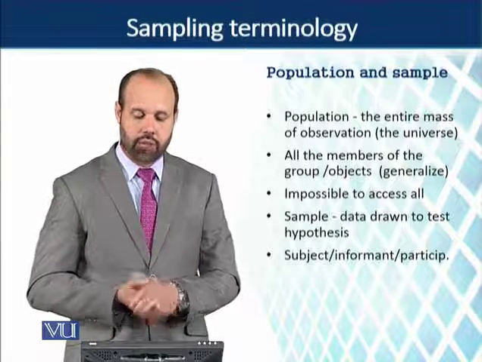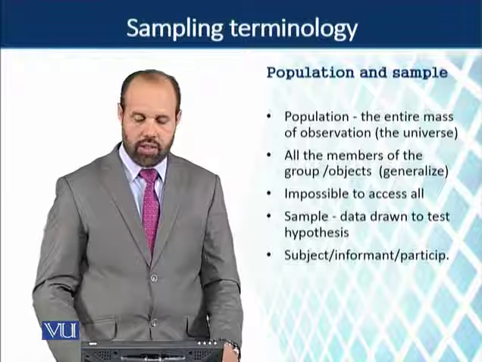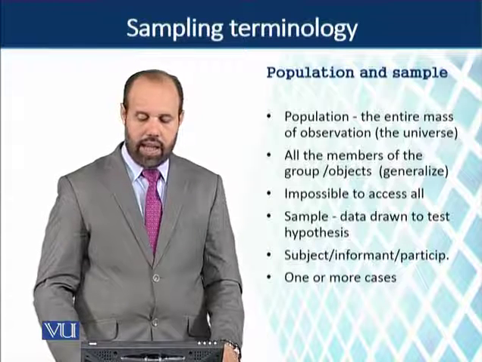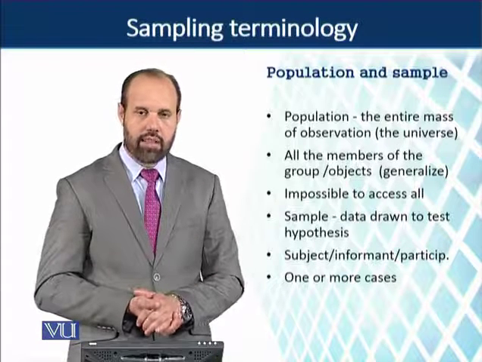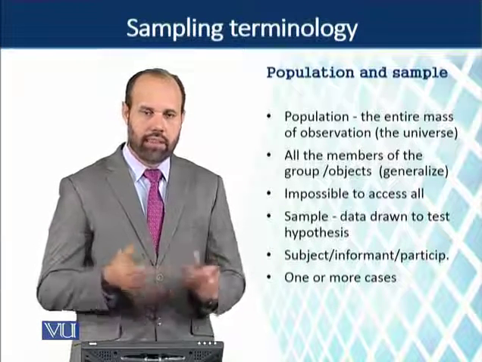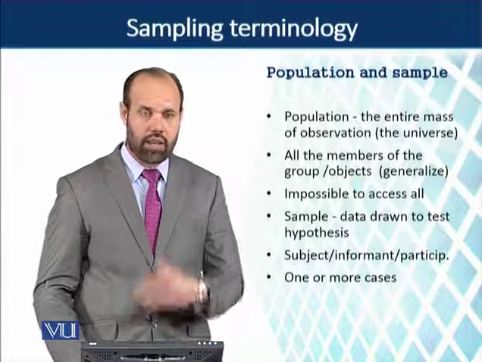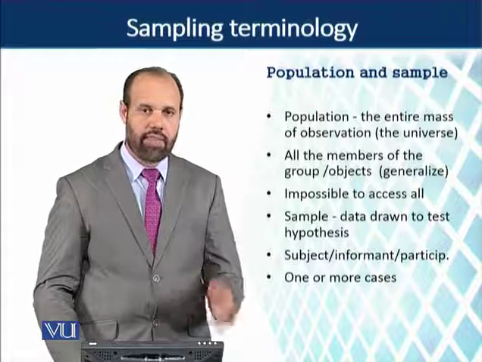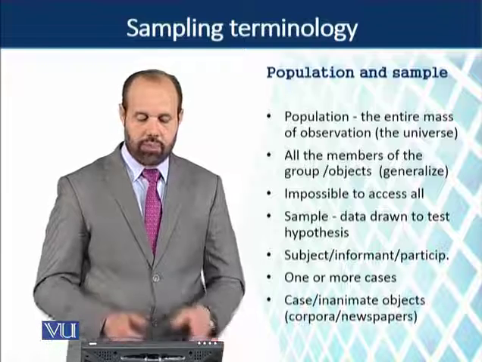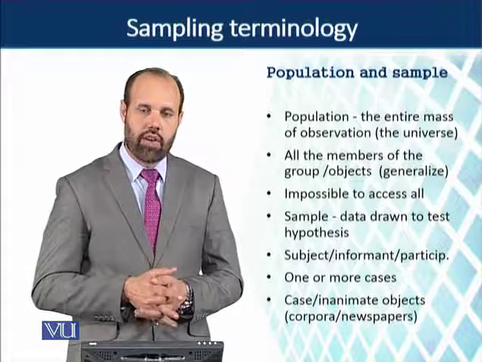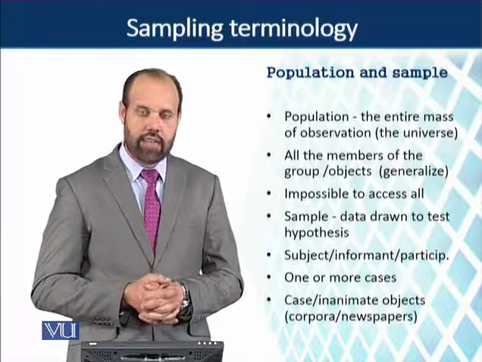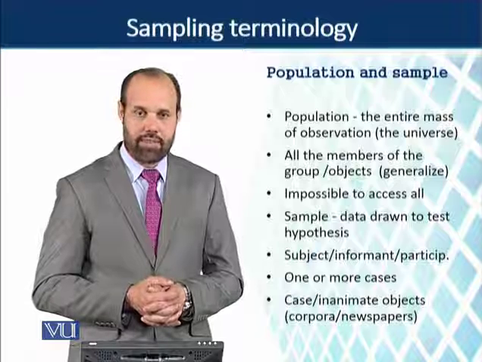So we use these terms also for samples. And in some cases, one or more cases are part of our research, right? So a case or inanimate objects can also be your sample, right?